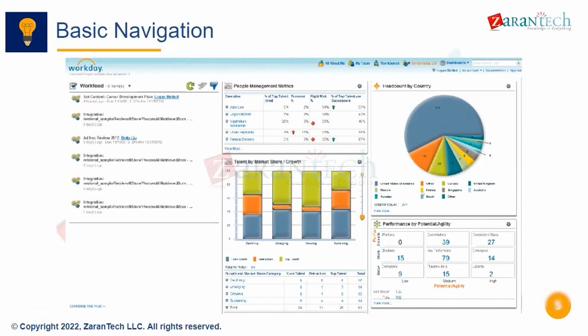The person who is using the tenant might have added these 6 or 7 reports in the dashboard. So once I click, we are running all the reports at once and displaying the output. That is called the dashboard, which we find on the home page.